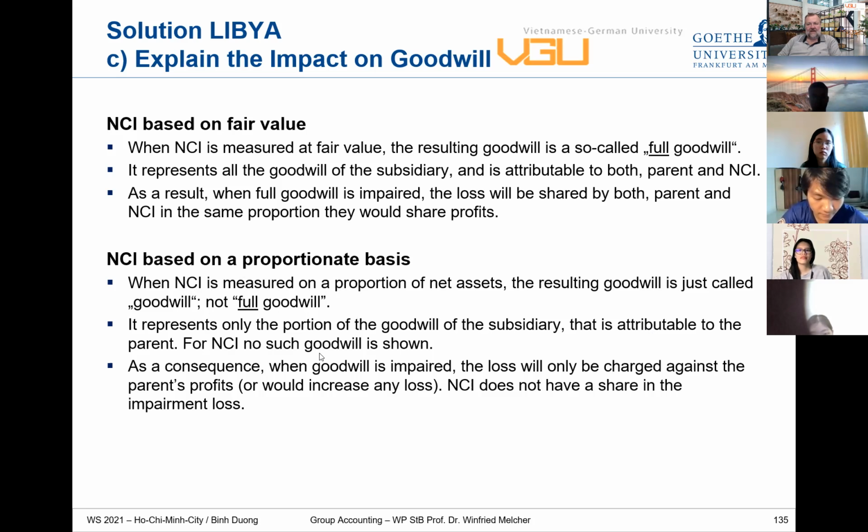For NCI, no such goodwill was calculated and therefore will not be allocated to NCI. As a consequence, when goodwill is impaired, the loss will only be charged against the parent's profits or would increase any loss. NCI does not have a share in the impaired loss because in the beginning we didn't allocate some of the goodwill to the NCI.